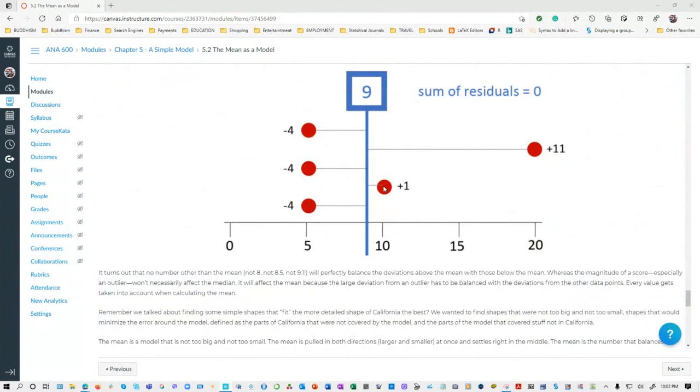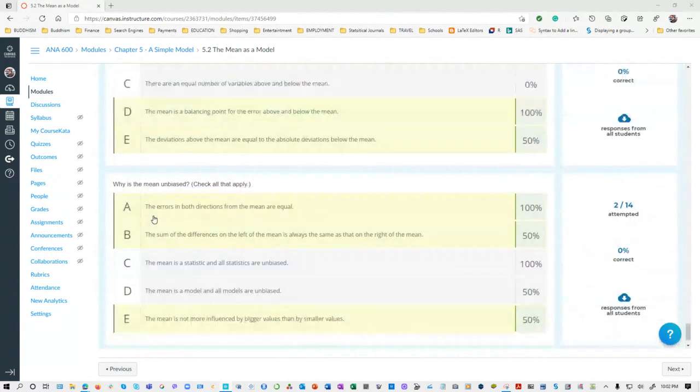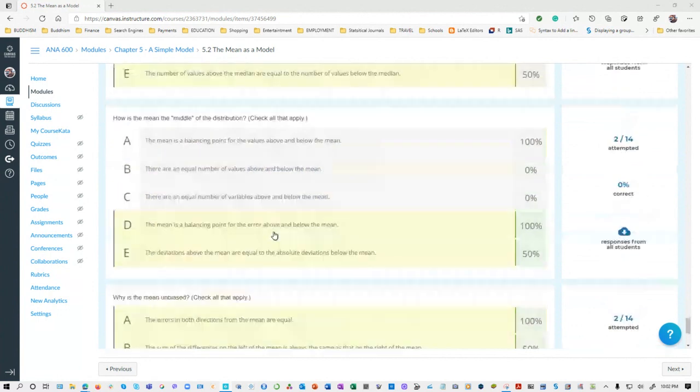If they are biased, sometimes the deviation coming from this side is more than that of the other side. But unbiased means the errors in both directions from the mean are equal. The sum of the differences on the left of the mean is always the same as that on the right of the mean.